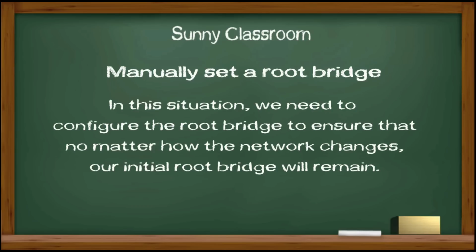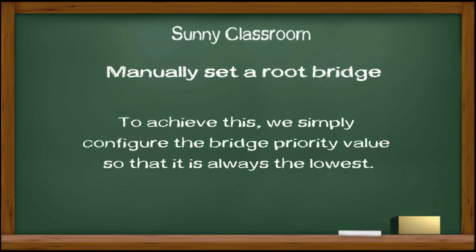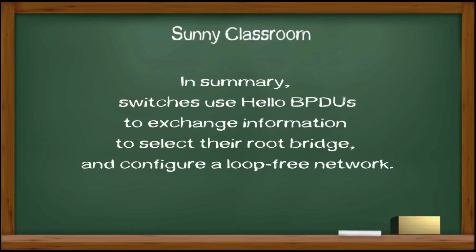In this situation, we need to configure the root bridge to ensure that no matter how the network changes, our initial root bridge will remain. To achieve this, we simply configure the bridge priority value so that it is always the lowest. In summary, switches use Hello BPDU frames to exchange information to select their root bridge and configure a loop-free network.